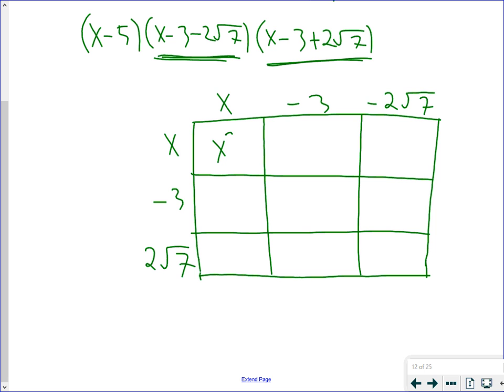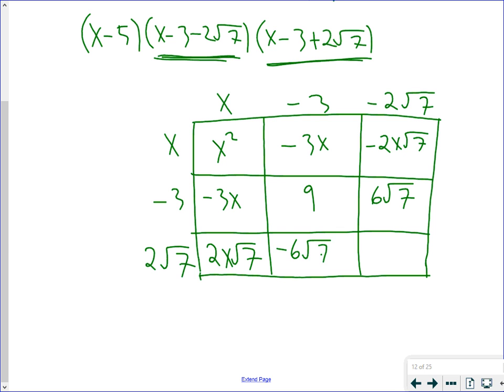So I get x squared on the top left, and then negative 3x, and negative 2x root 7. And then negative 3x, positive 9, and a positive 6 root 7. And then 2x root 7, negative 6 root 7, and 2 root 7 times negative 2 root 7.